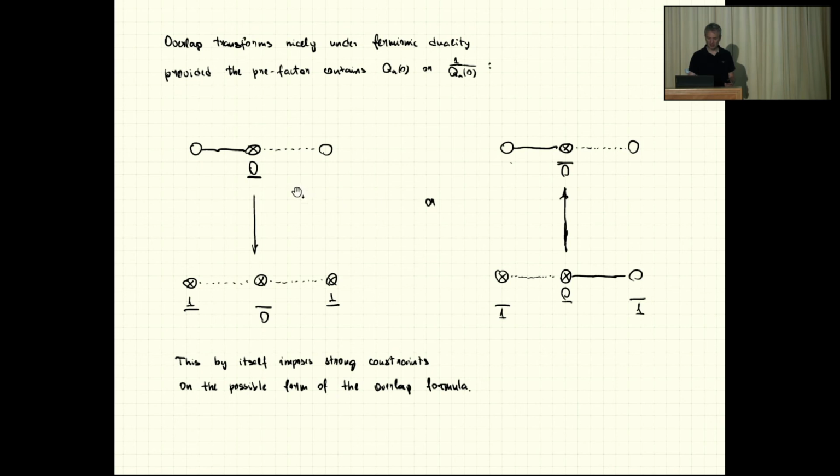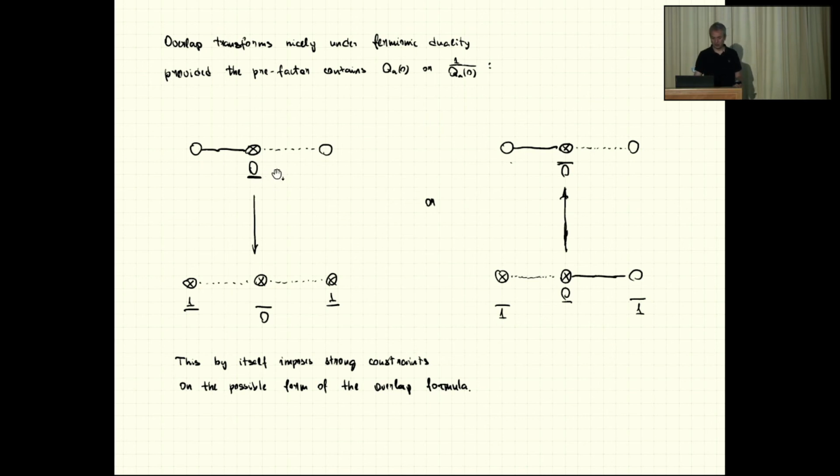Then fermionic duality simply, first of all, the formula will transform nicely if there is a fermionic Q function evaluated at 0.